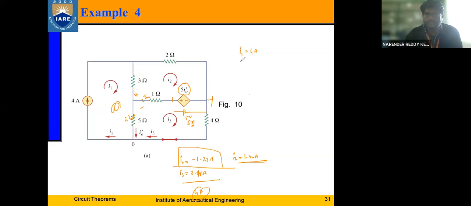The value for I1 I have is 4 amperes, and we write the second loop equation, right? What's the equation I have?